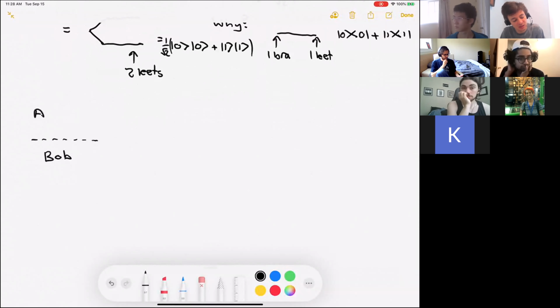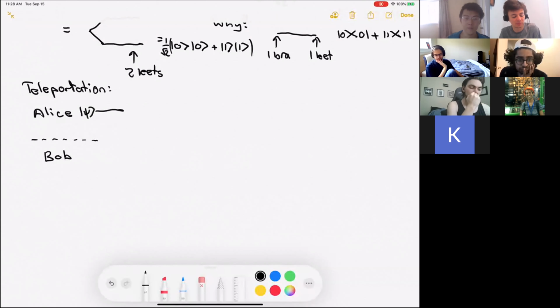Okay, so in quantum teleportation, the starting setup is that Alice has some qubit in some state psi, okay? And then Alice and Bob share a Bell pair, okay?